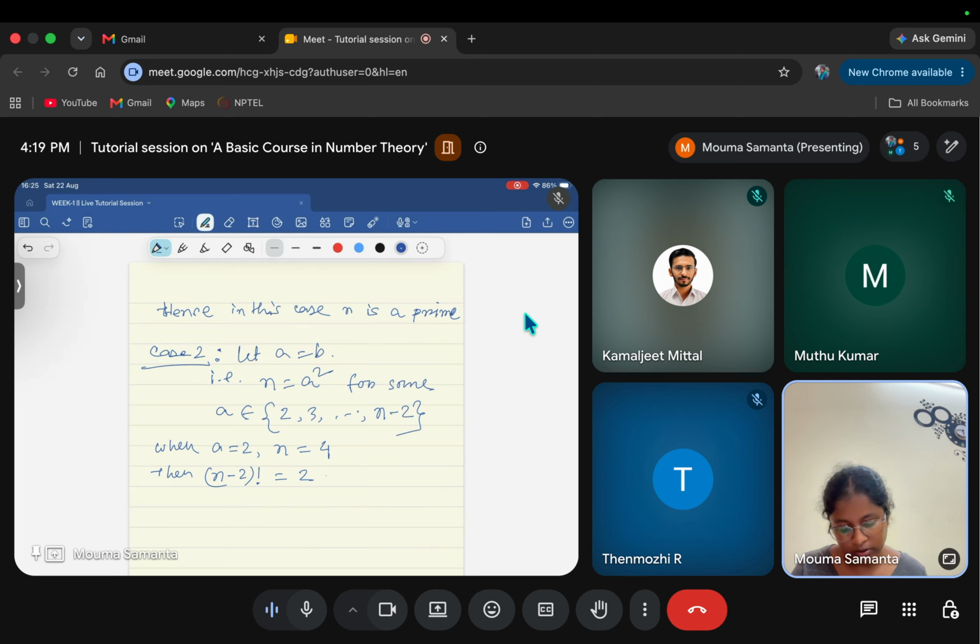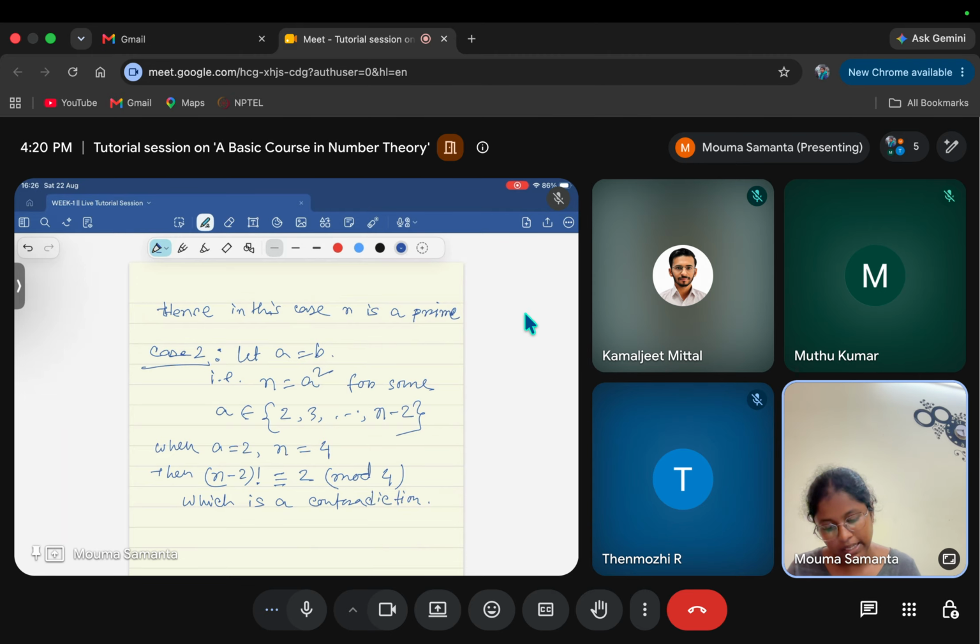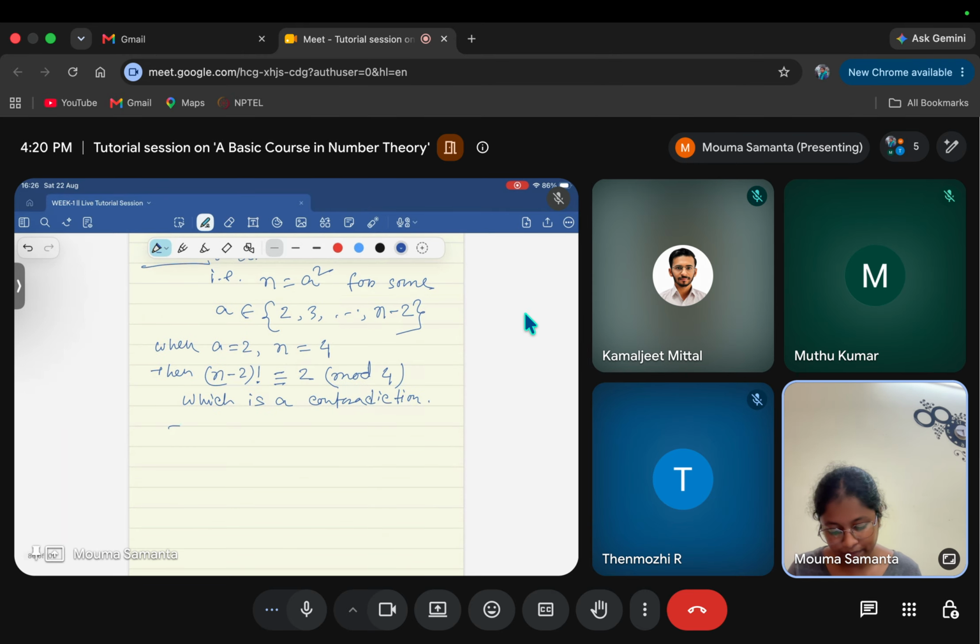So n minus 2 factorial is congruent to 2 mod n, so we have to consider mod 4 here. But in our hypothesis, n minus 2 factorial has to be congruent to 1. So this is again a contradiction. Thus n cannot be 4.